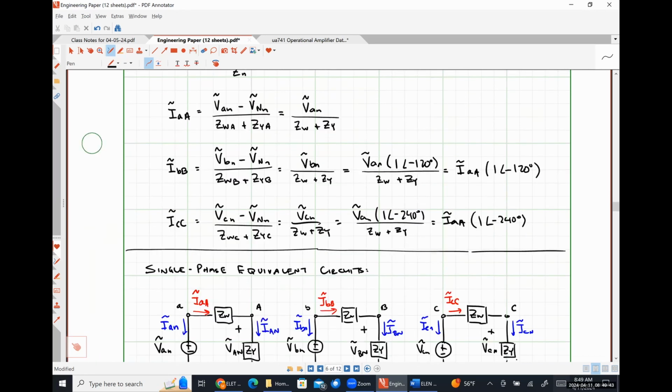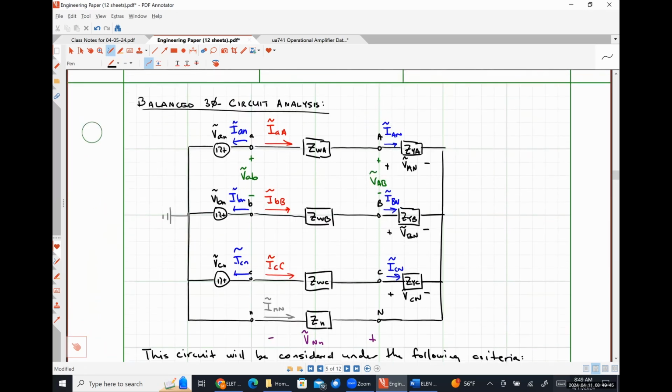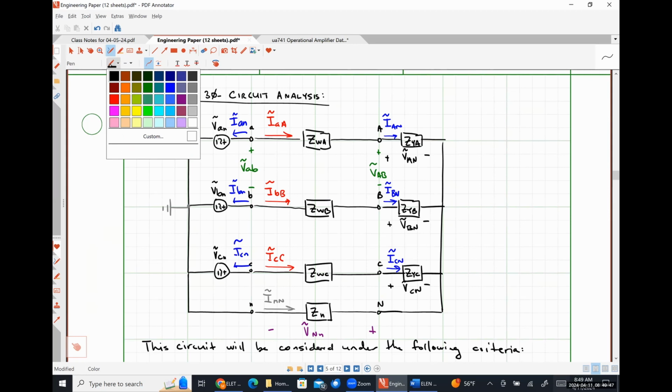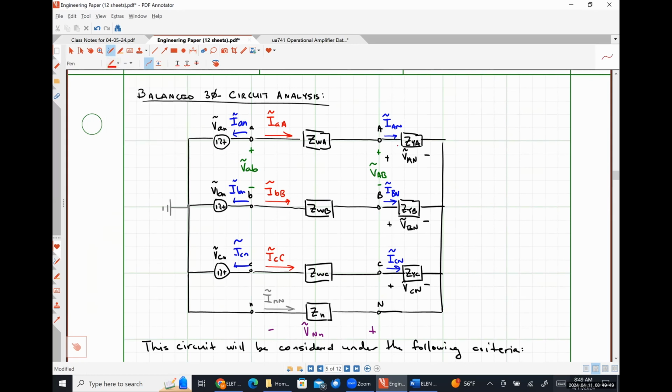So let me explain exactly where that's coming from. We're doing Kirchhoff's voltage law around this path. We would have negative VAB, because we see the negative polarity terminal first when we go up.